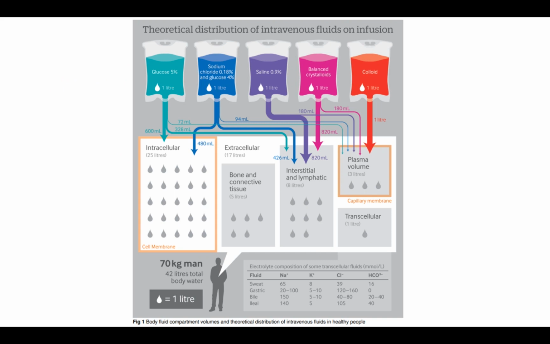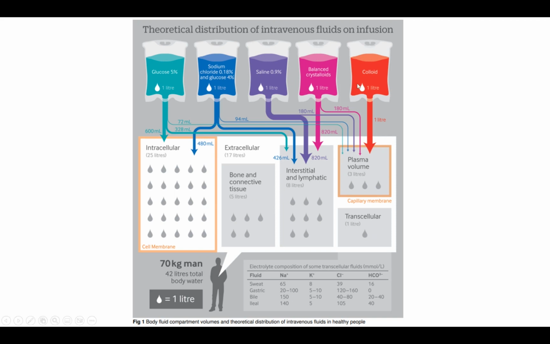Two-thirds of the total body water is inside the cells, the intracellular compartment, and one-third is the extracellular compartment, which contains two different compartments: the intravascular compartment, which is 25% of the extracellular compartment, and the interstitial compartment, which includes the bone and connective tissue, in addition to the interstitium, lymphatics, and the transcellular.